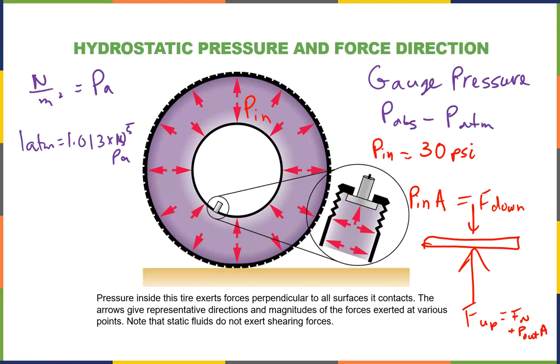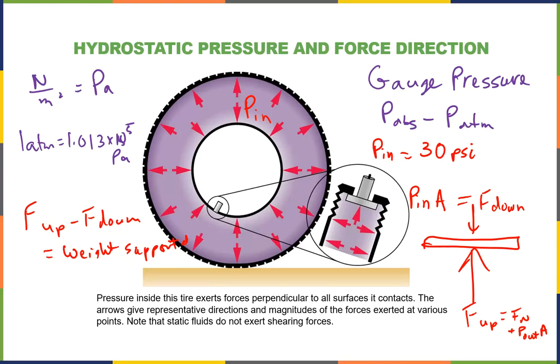So we have those two. And I need the sum of those to be the upward force that balances the weight that the tire is supporting. I didn't draw the additional force there for the weight the tire is supporting. But what I need is the difference in those two forces to be the weight supported.